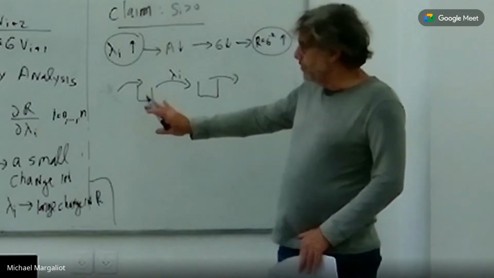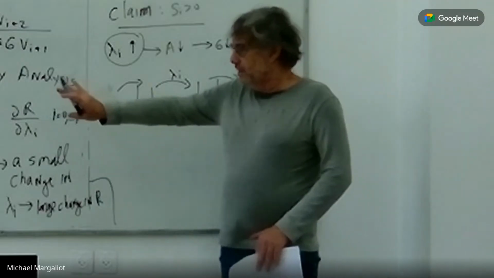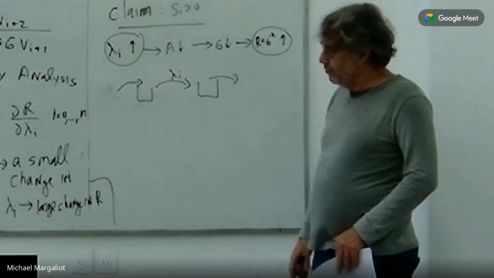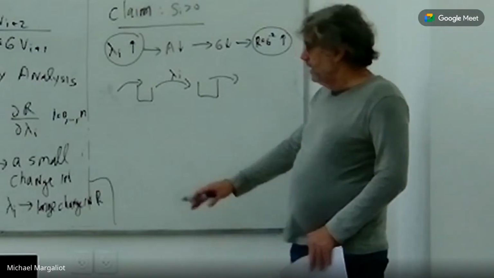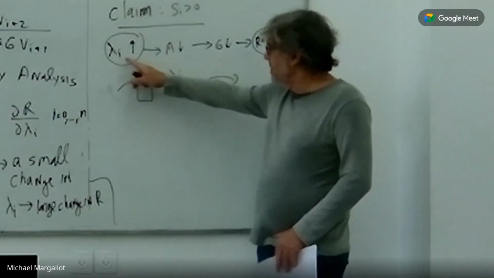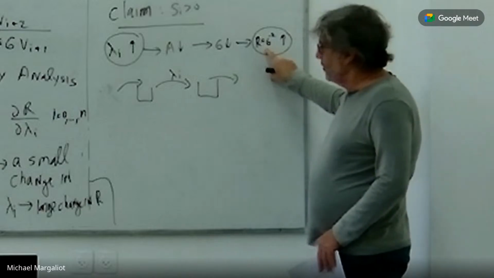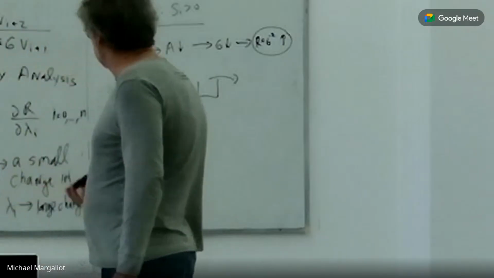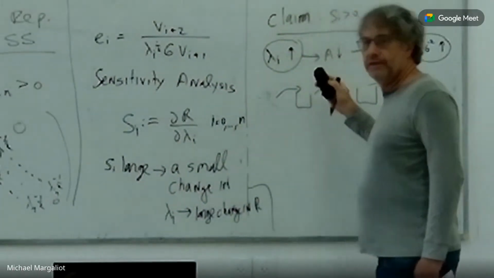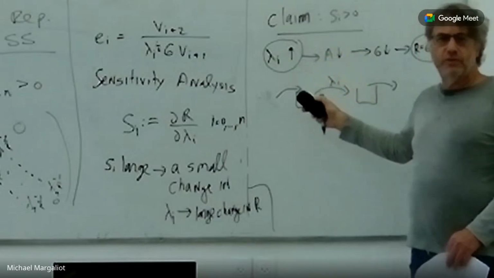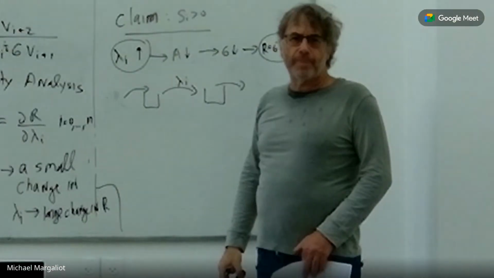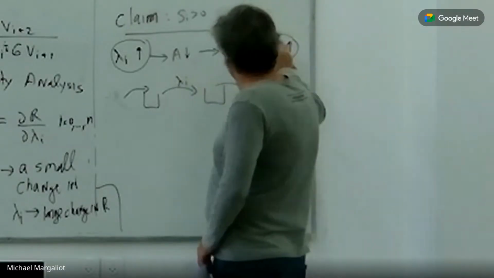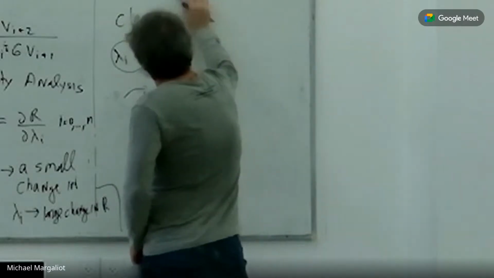So this was just an intuition, from the properties of a component-wise non-negative matrix, for what happens to R when we increase lambda I. But now we want to do this more rigorously, of course, and get explicit expressions for the SIs. Any questions about this intuition before I erase it? Okay, so I erase it and I continue.